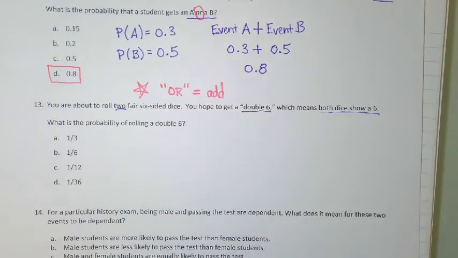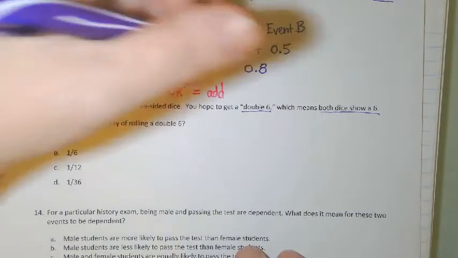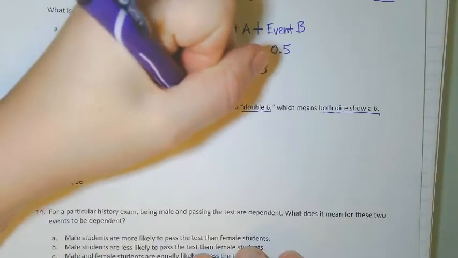So this is also a situation where we're trying to determine the probability for an event that has multiple parts. Here we can sort of think of the dice separately. So what happens with the first dice?